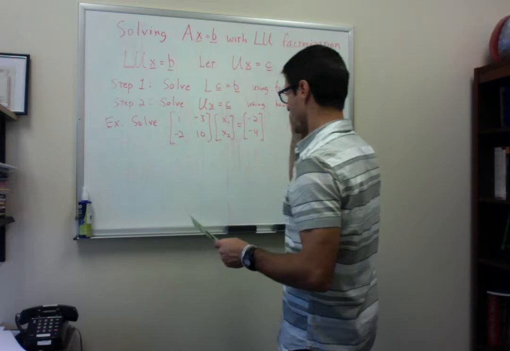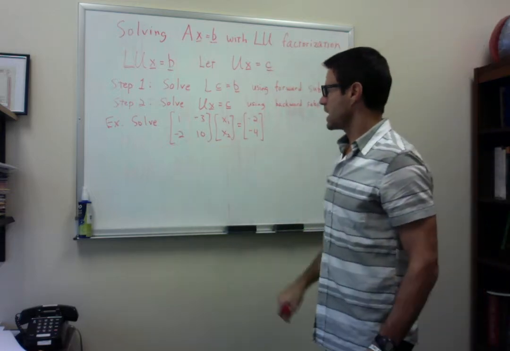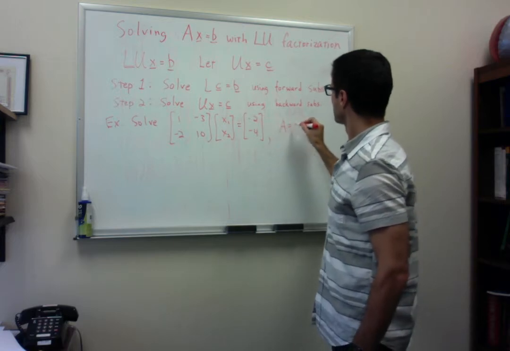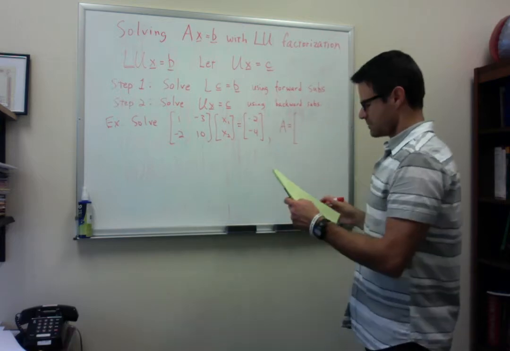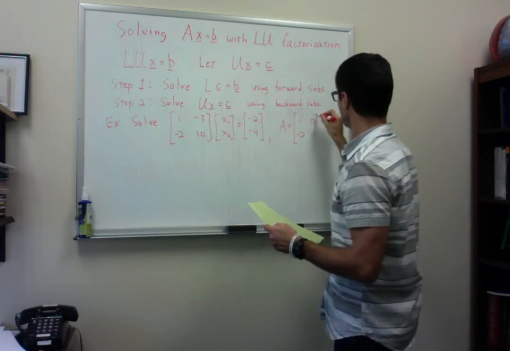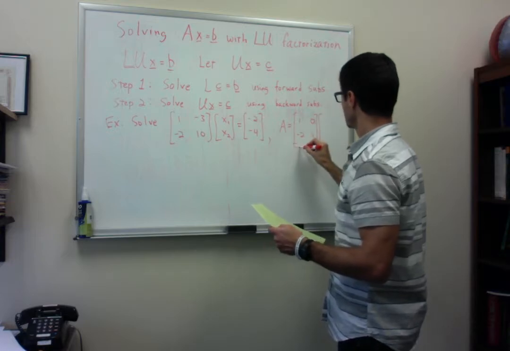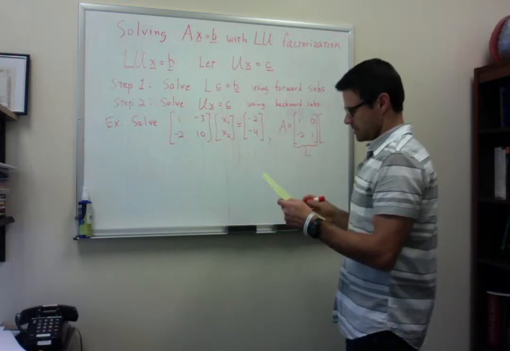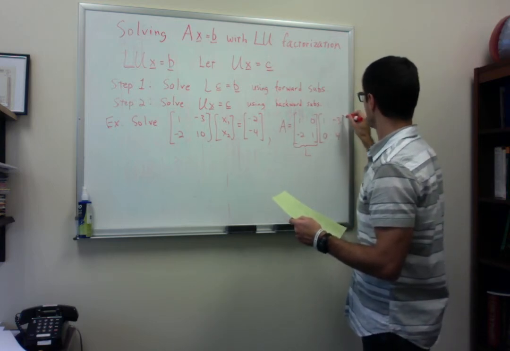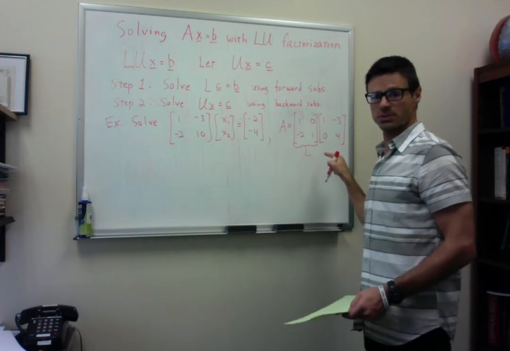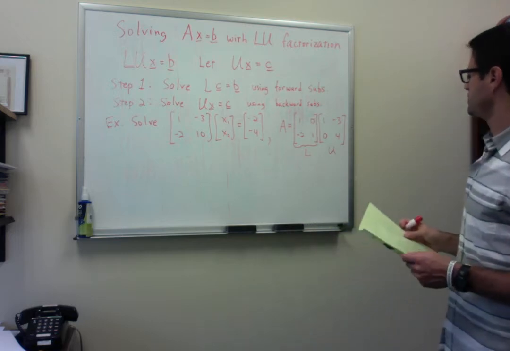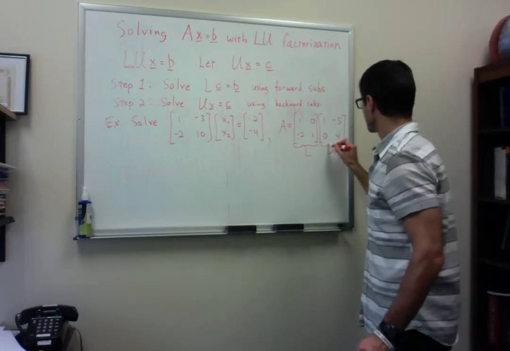So here's a system of the form AX equals B, and here is A. And if you recall, we factored A into the LU decomposition where L was 1, 0, minus 2, 1. Okay, so this is L. And U was 1, minus 3, 0, and 4. We actually found the LDU decomposition, but we don't need that here. We're just dealing with the LU factorization. All right. So this is U.